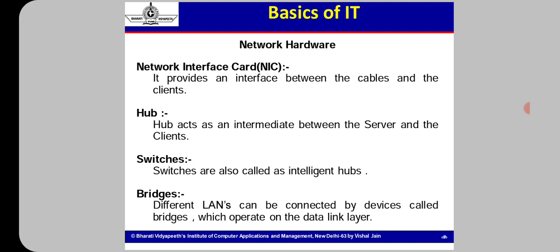Generally in a client server environment, or client server LANs, we use hubs. Hubs are network devices generally used to connect servers or server systems to the clients. Next is switches. So what are switches?